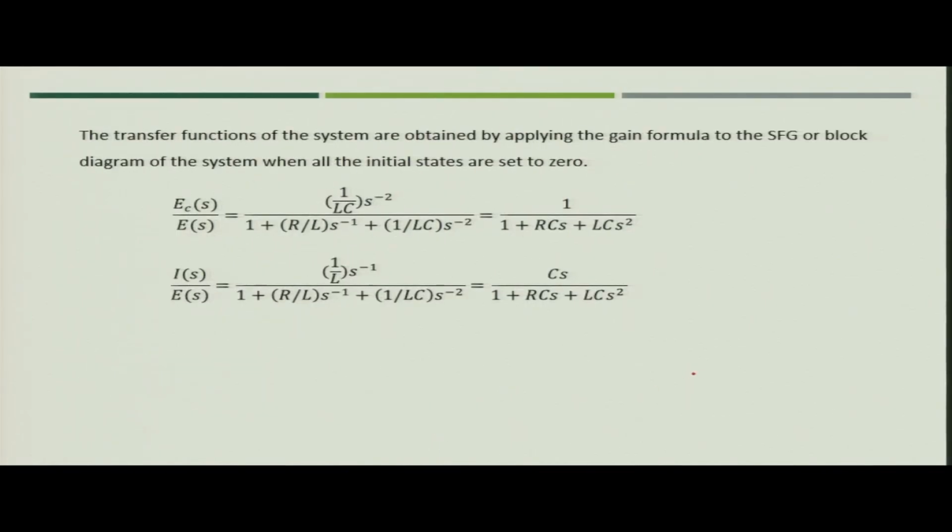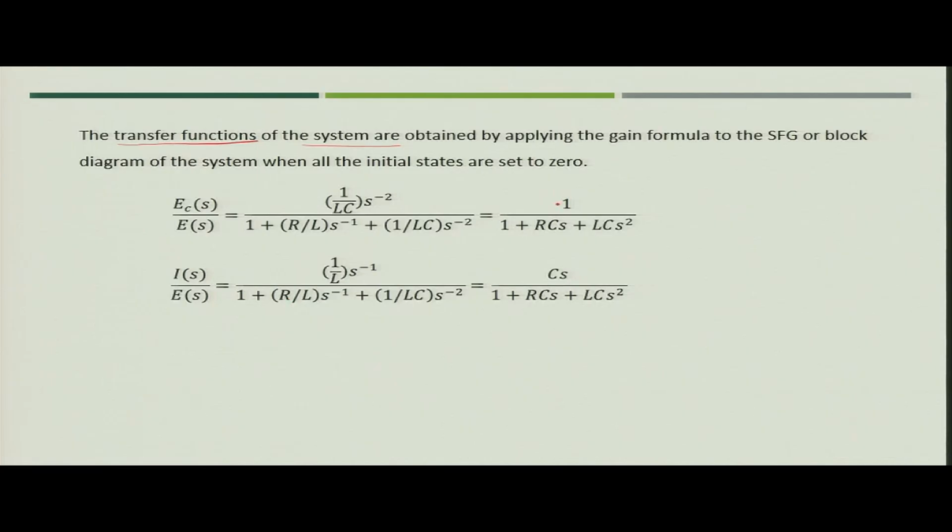Now, when you have all this information in hand, you can write the transfer function of the system. Since we have two variables here, we can write the transfer function in terms of EC, that is the voltage across the capacitor, and I, that is the current flowing through the circuit.